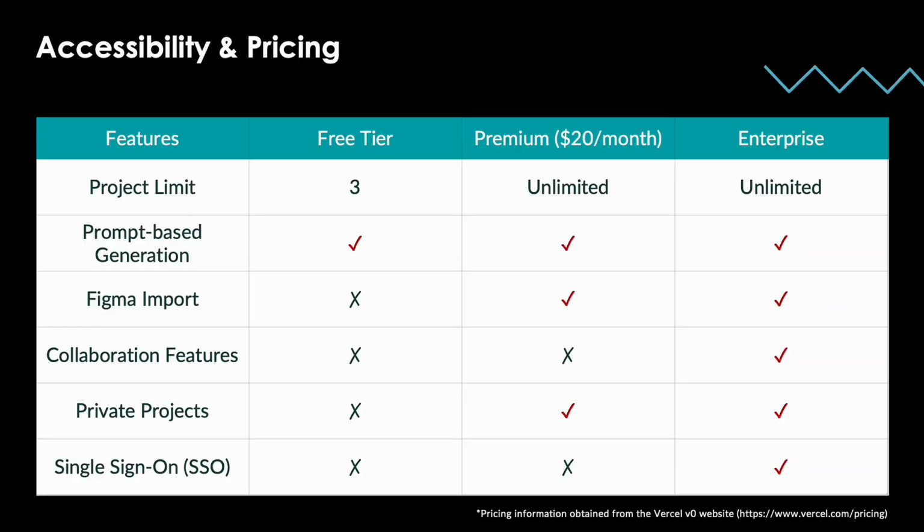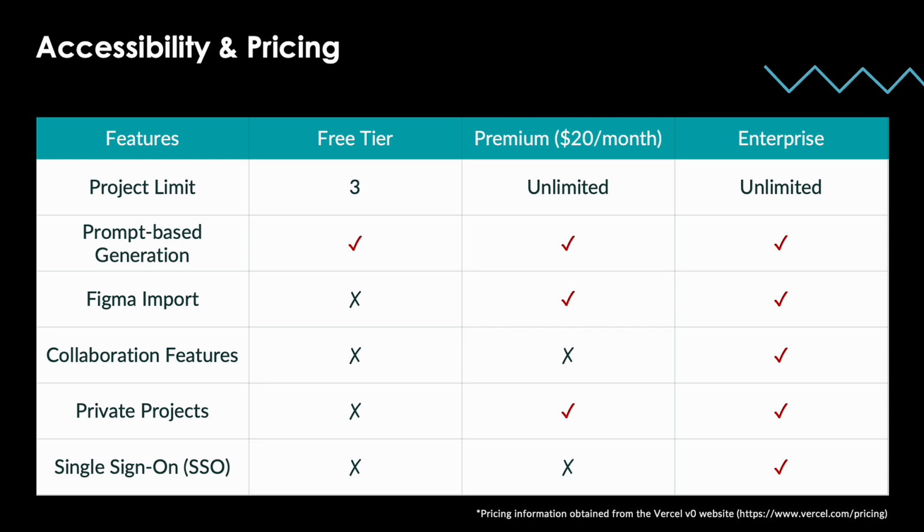In terms of accessibility, V0 offers a freemium pricing model. The free plan gives you access to basic UI generation and limited active projects. V0 is currently in beta and offers free access to developers. It's a web-based platform that integrates with Vercel's ecosystem and works across different browsers and development environments. It supports direct export to popular frameworks like React and can integrate with tools like CSS, making it incredibly versatile.